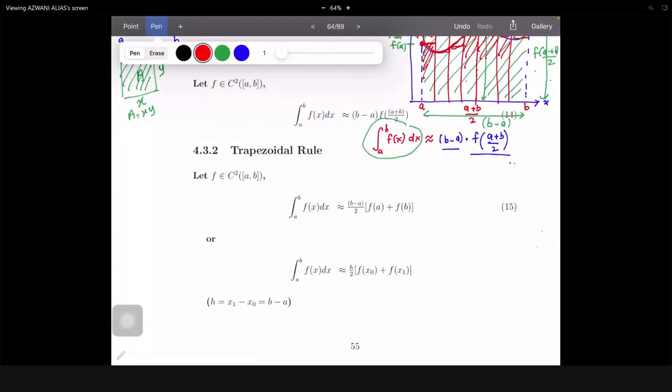Trapezoidal rule. So this is the trapezoidal shape. Do you remember?